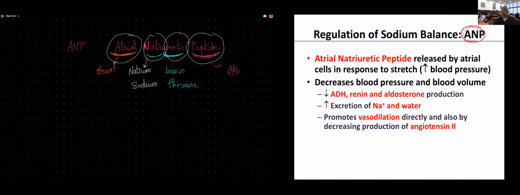This is what the name tells me. So if it allows you to lose sodium in the urine and it's released from the heart, what do you think is going to be triggering its release? And what's going to be its effect on the blood pressure?